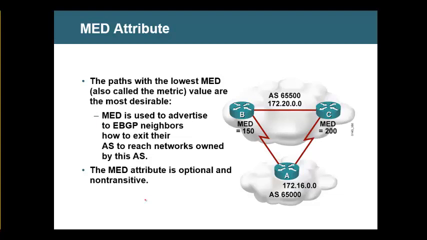In every update, MED will be there. 0 at least. If you give some number, then according to the meaning it will advertise. If you don't, sorry, it will be 0. You cannot completely remove this attribute from any update. It will always be there even if you don't use it.